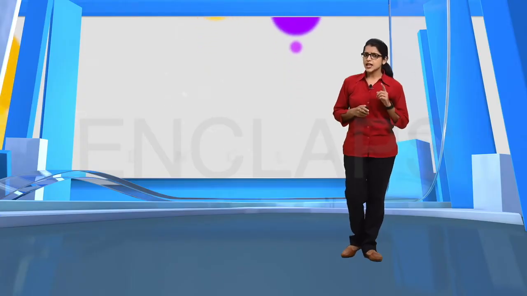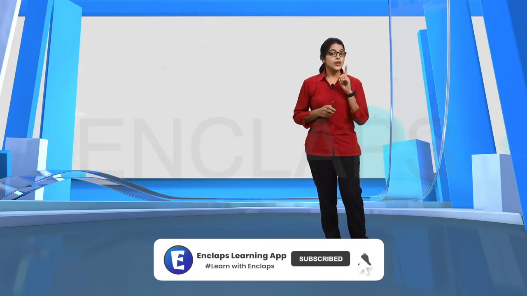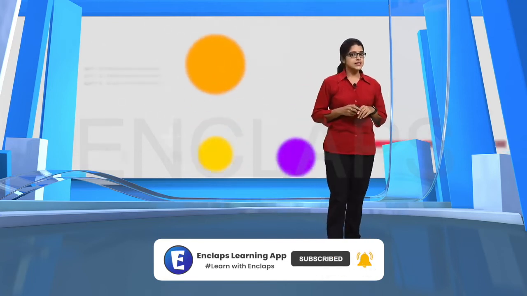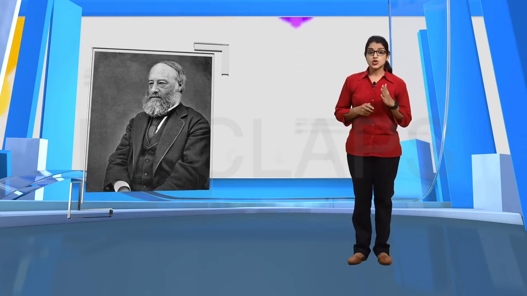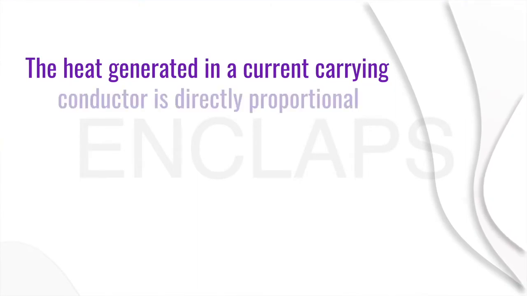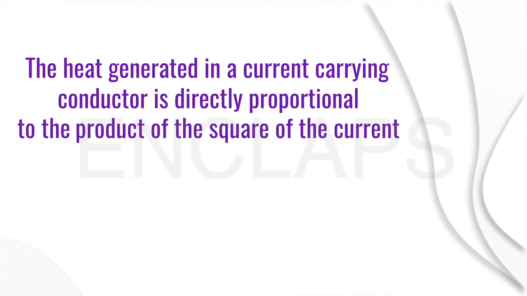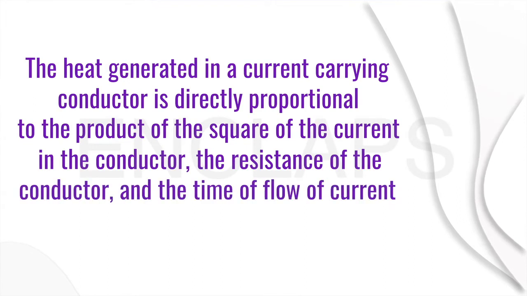This equation can be used to find the heat generated in the circuit when current I flows through a resistance R. It was James Prescott Joule who made this law, and this law is called Joule's law. The heat generated in a current carrying conductor is directly proportional to the product of the square of the current, the resistance of the conductor and the time of flow of current.